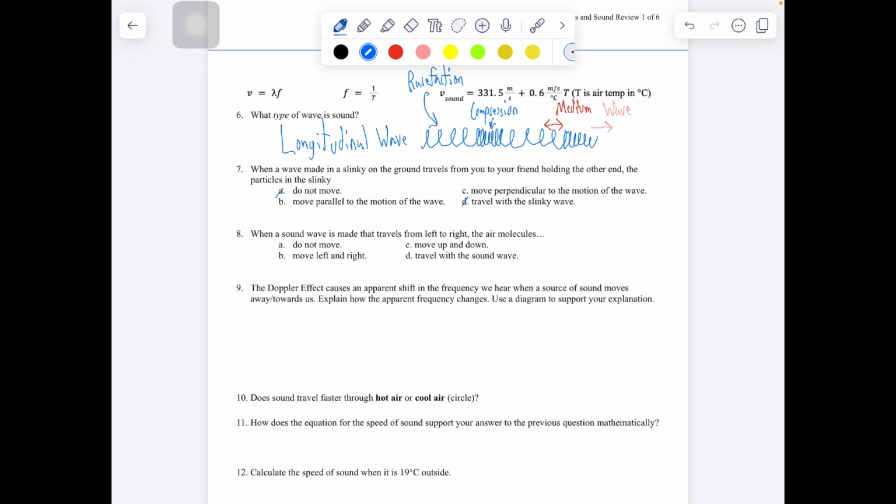Well, this really depends on the type of wave we're making in the slinky. Since we made these waves in class, I'm going to presume that we're talking about a transverse wave. In a transverse wave, we get a pattern that looks something like this.